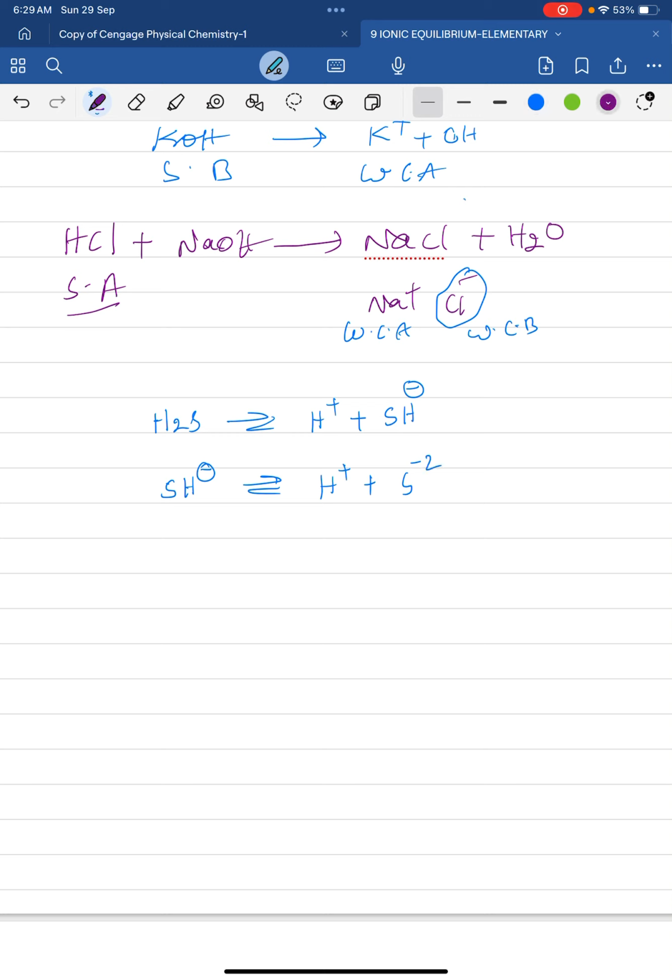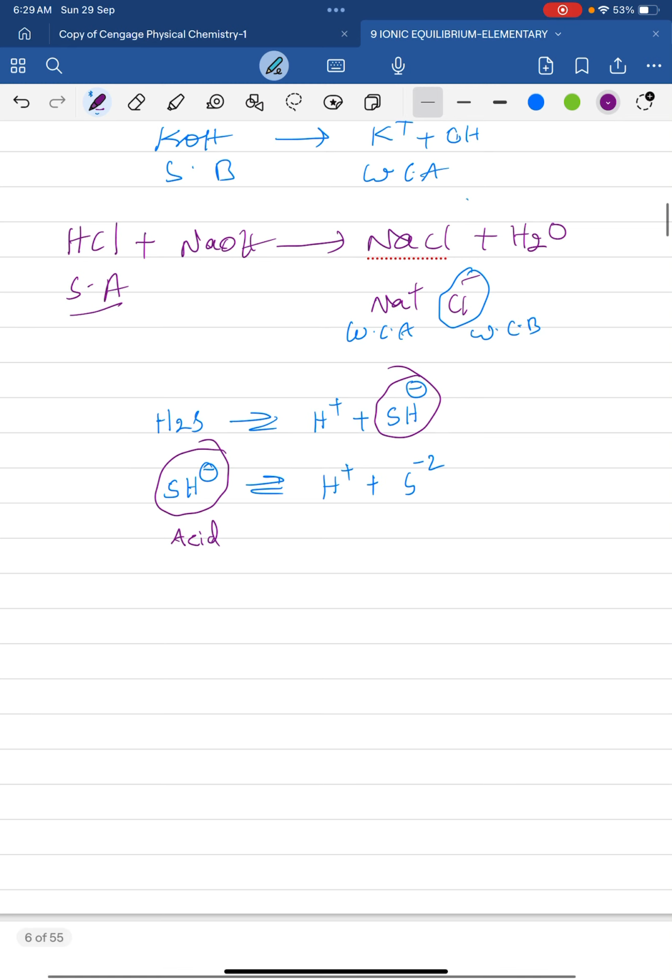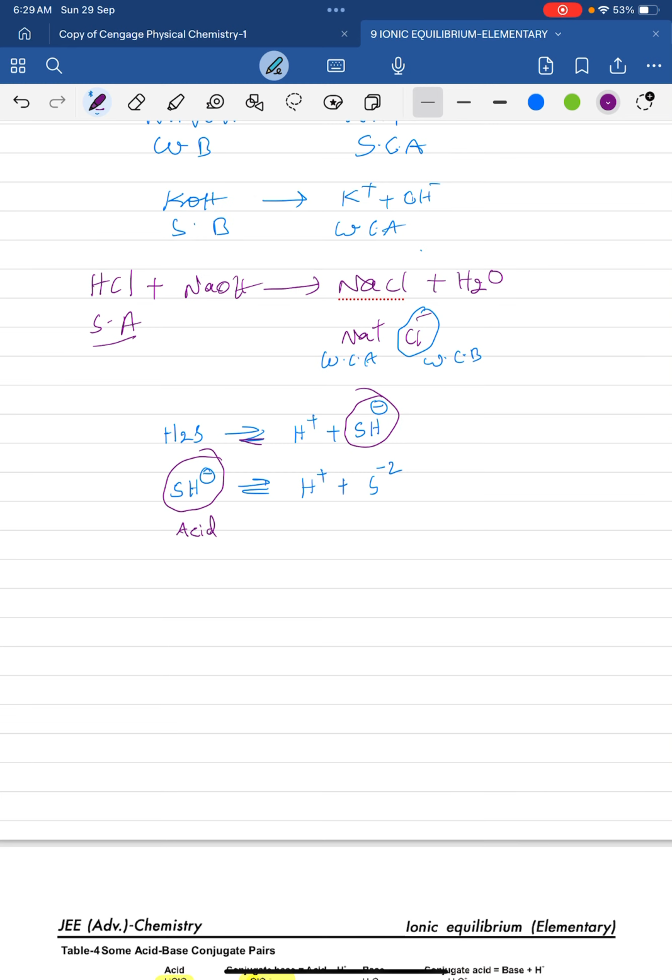So this SH minus can behave both as acid as well as base. If it donates H plus ions, it is acid, and if it accepts H plus, meaning the backward reaction, it is base also. So I can say amphoteric character. Those having polyprotic character can generally act as amphoteric. For example, SH minus, HCO3 minus, which means polyprotic acids.